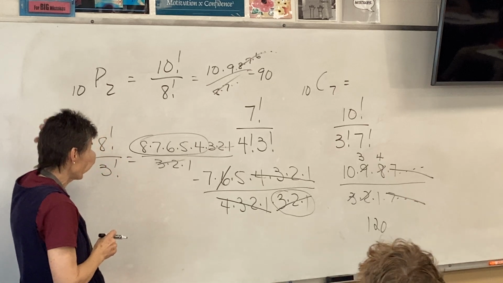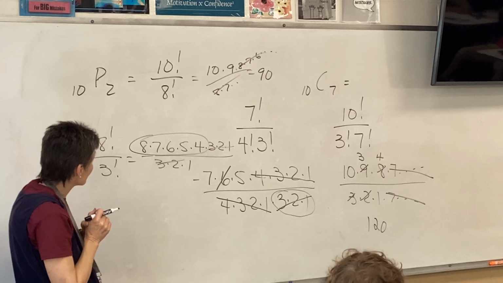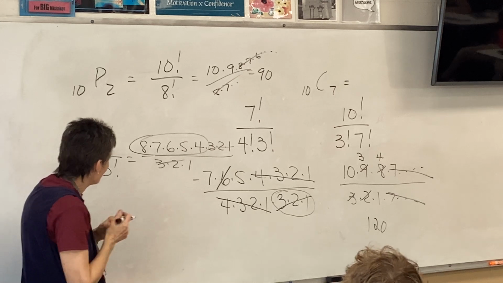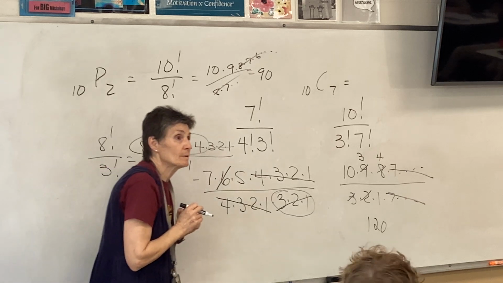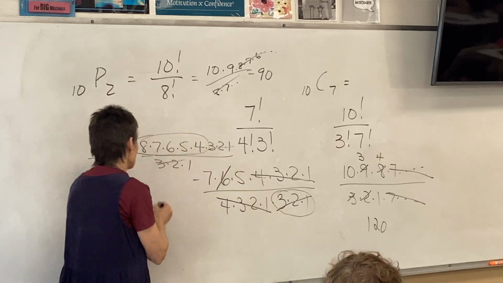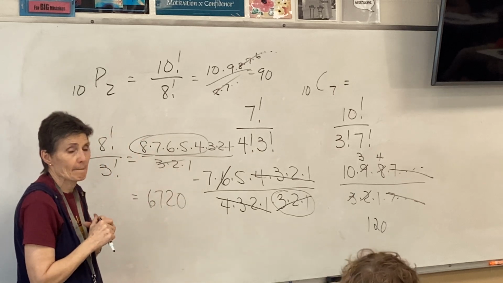You end up multiplying 8, 7, 6, 5, 4, which is a lot. So what is that? 6,700. It just blew out. Darn it.